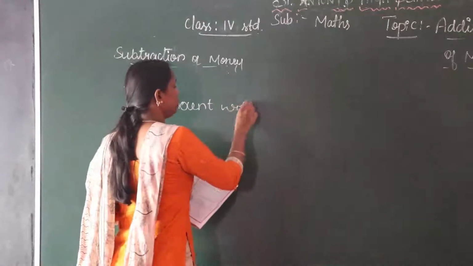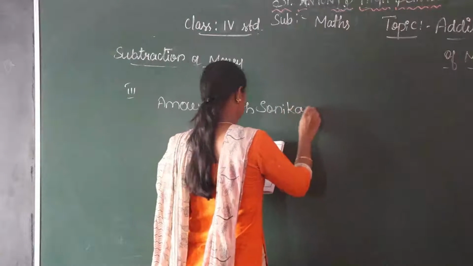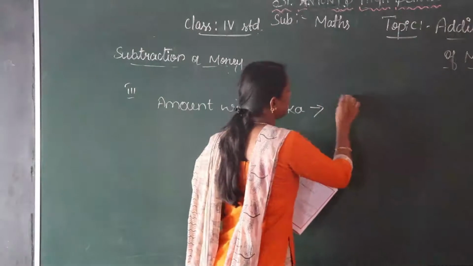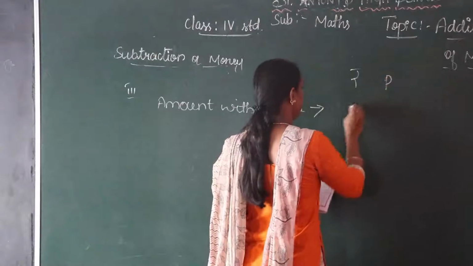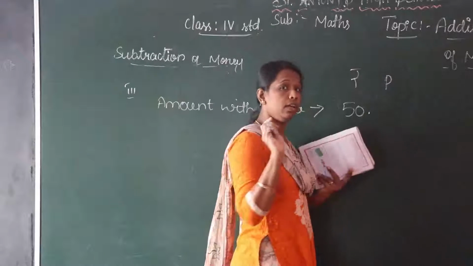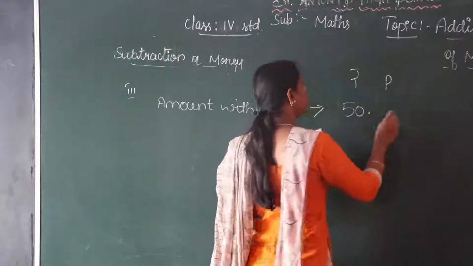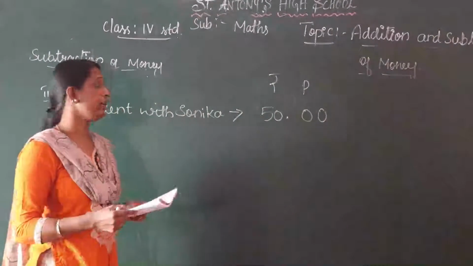So we can write here rupees and paisa, 50. There is no number in the paisa place. I have already told you that you have to write zeros. If there is no paisa in the paisa column, write 0 only.